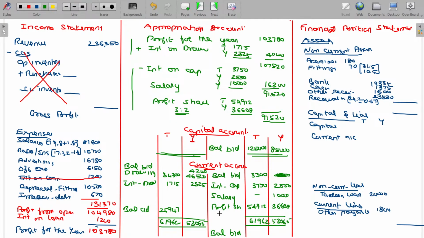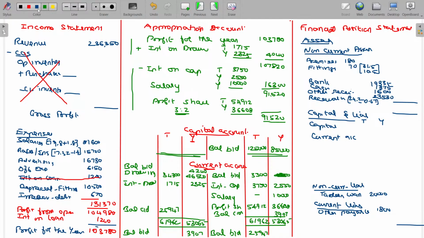Balance carried on being the negative balance 3,907. So balance brought down, 3,907, and 25,947.